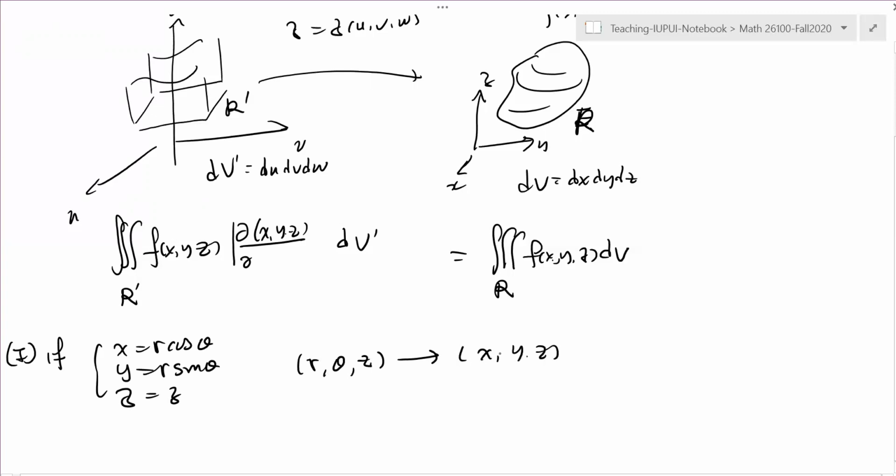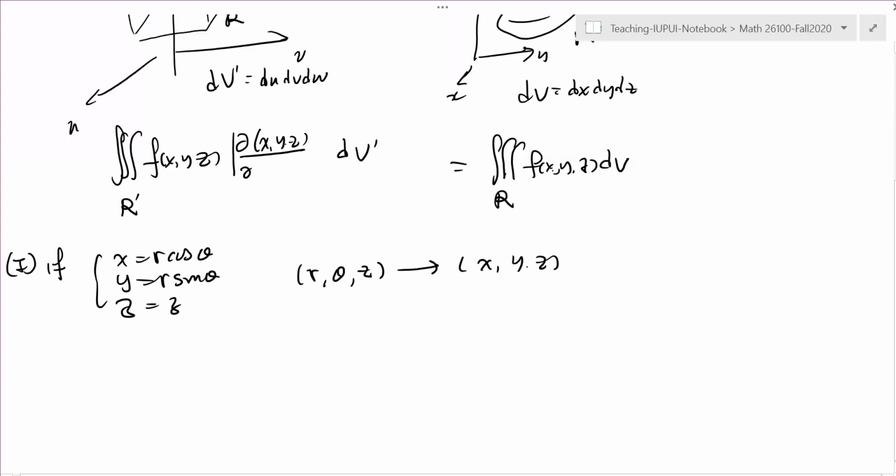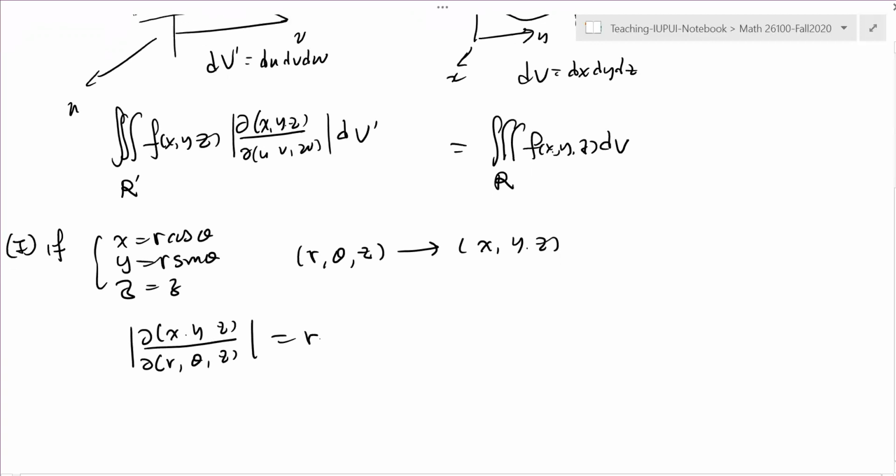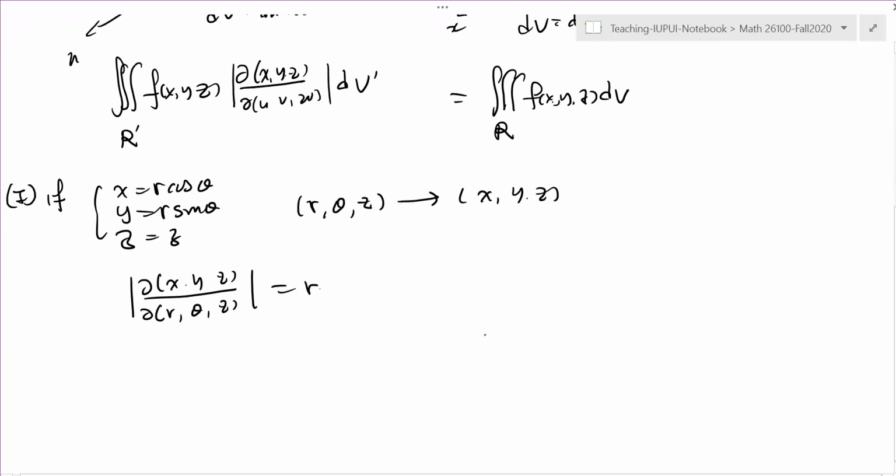That's a substitution. So what we find out here is that the Jacobian is just equal to r. I already did the computation for you, so we have the formula.